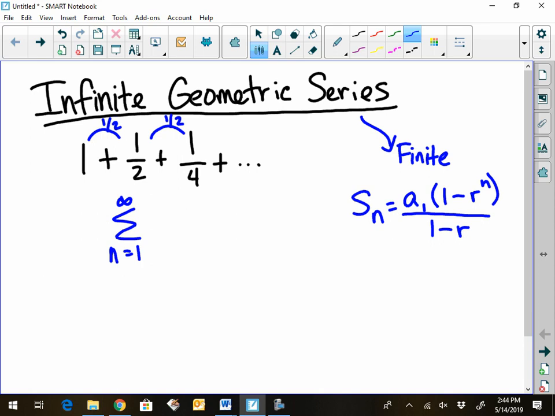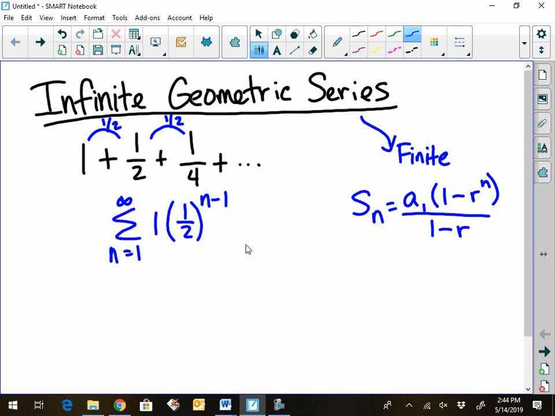So we could write this as our initial term times 1/2 to the n minus 1. And then just as always, we want to plug in some numbers. So if I plug in 1 minus 1, we get 0. Anything to the 0 power is 1. 1 times 1 is 1. So if I plug 2 in, 2 minus 1 is 1. 1/2 to the 1 power is still 1/2, and we get 1/2 there.